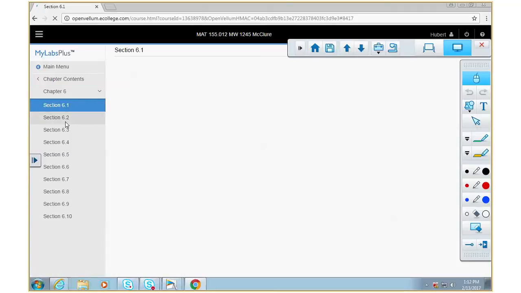Okay. It's still working. Come on, you can do it. Okay, it's still working. Evidently something's wrong with MyLab Plus, because it doesn't take this long to pull up something.